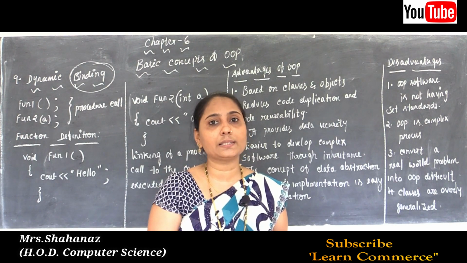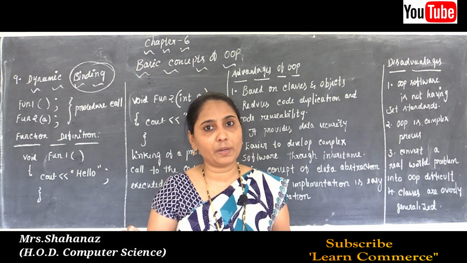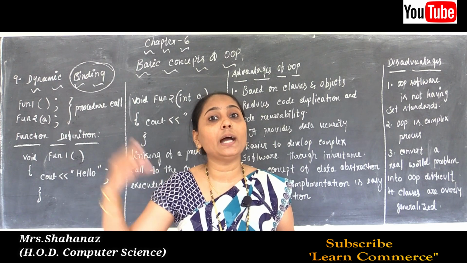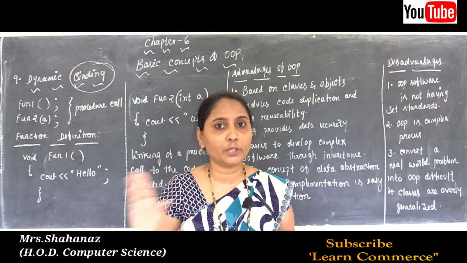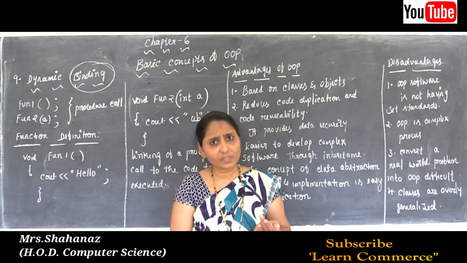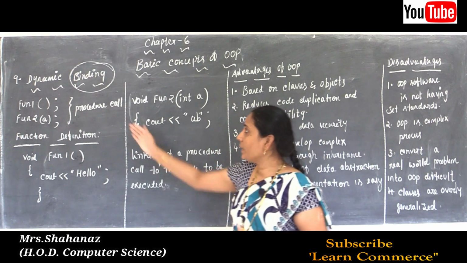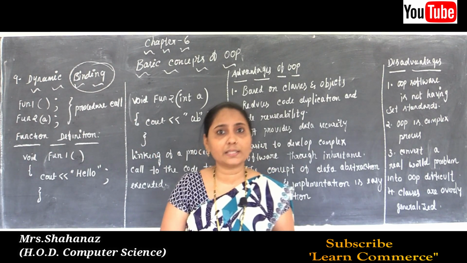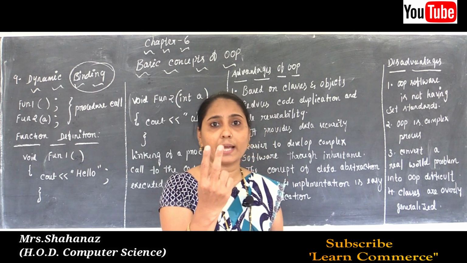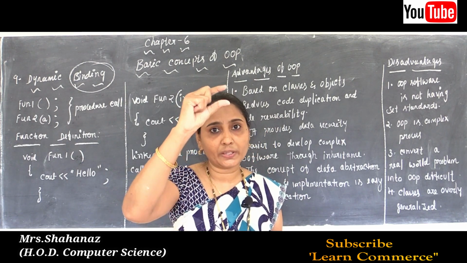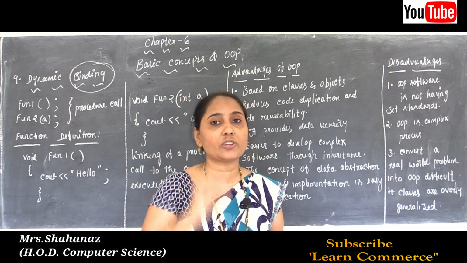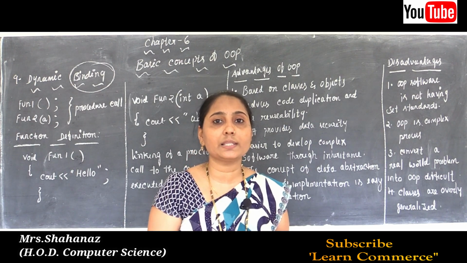Whatever data is there can be accessed only by our own functions, and no other class function is able to access the data. Then inheritance: we have two classes, and using the base class we construct a new class, the derived class.